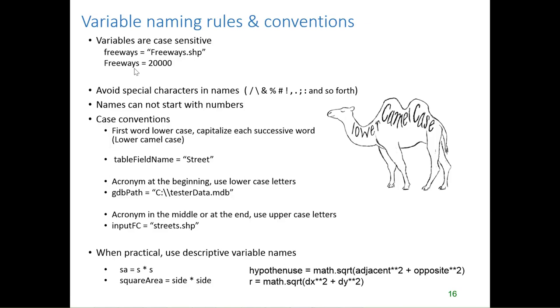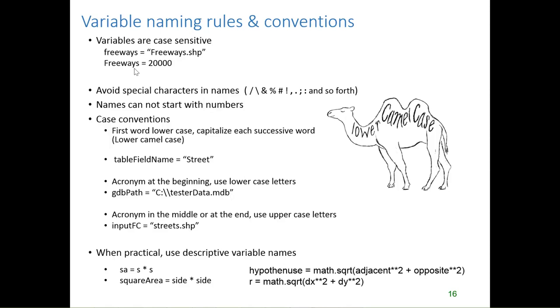Probably not advisable to do because you're going to end up with some confusing code, but usually the case sensitivity comes up when you forget that you've used a certain capitalization and you use the variable with a different capitalization later in the code, and it says that variable is not defined, and it isn't because it's a different case from the one that is defined.